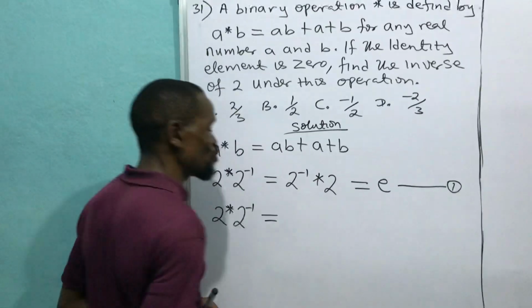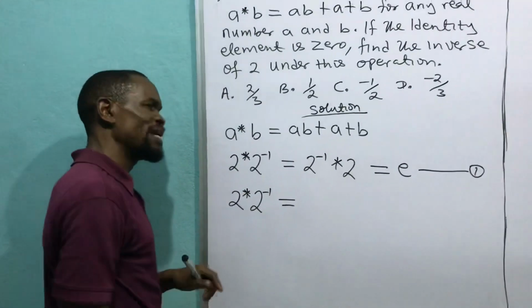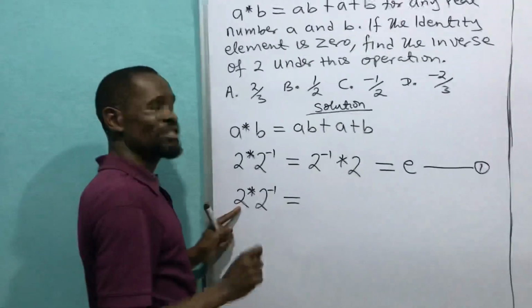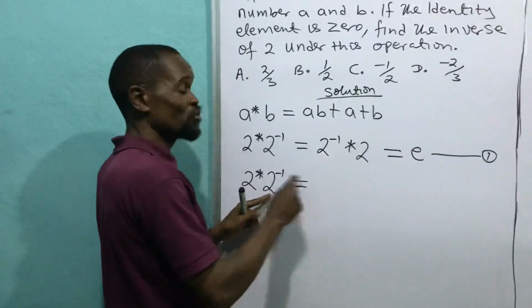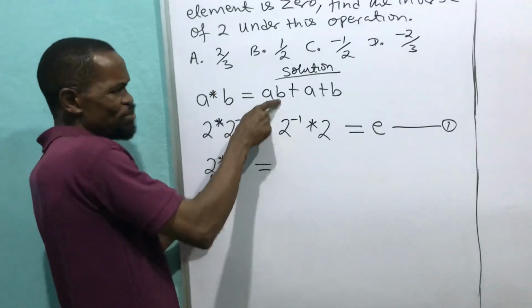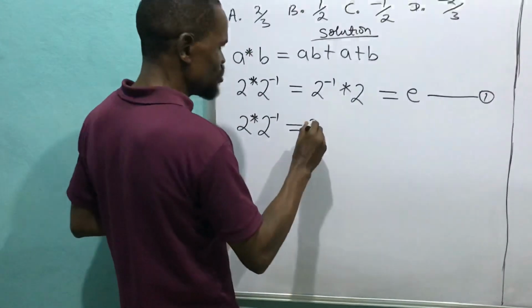I said it is equal to the identity element. I said equation 1. I go back to what they gave me. And I say this is 2, because they say I should get the inverse of 2. This is 2. Its inverse is 2 raised to the power minus 1. That means wherever I see a and b, I will put this value. What is a? 2 here.